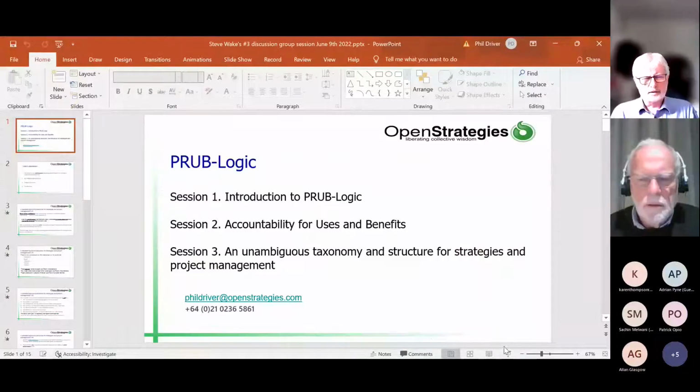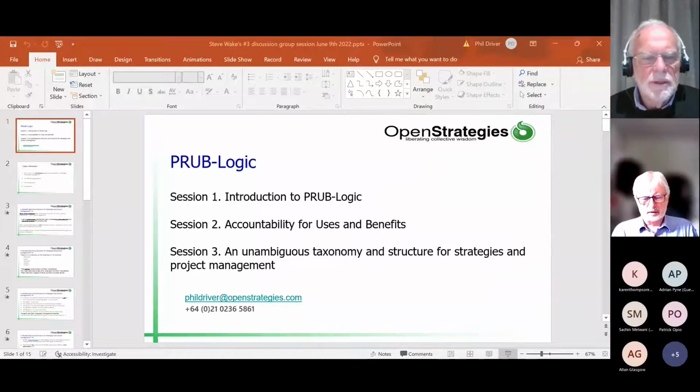You should get a set of images. So we've got your screen now. Do you want to turn your presentation on within PowerPoint? Yeah, that's in PowerPoint. That's the first slide, and that's the second slide. You're not seeing the second slide.